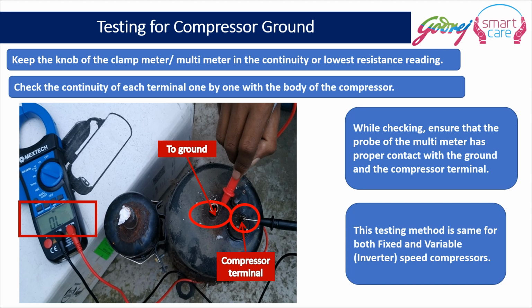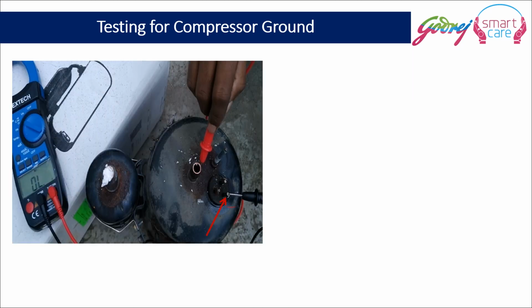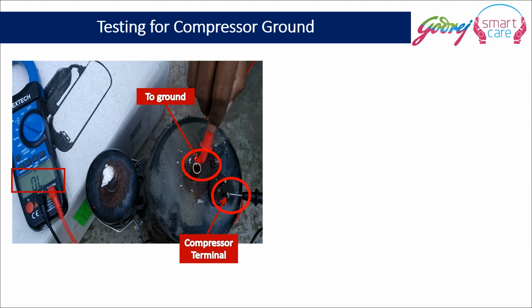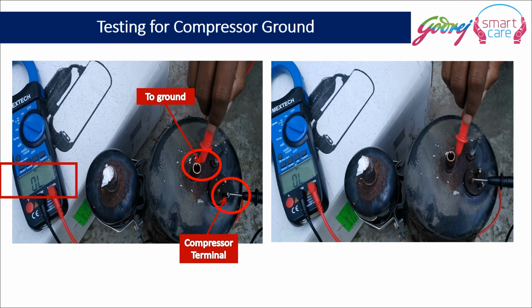This testing method is the same for both fixed speed and variable speed compressors. As you see, we are checking the terminals with the ground, with the body of the compressor.